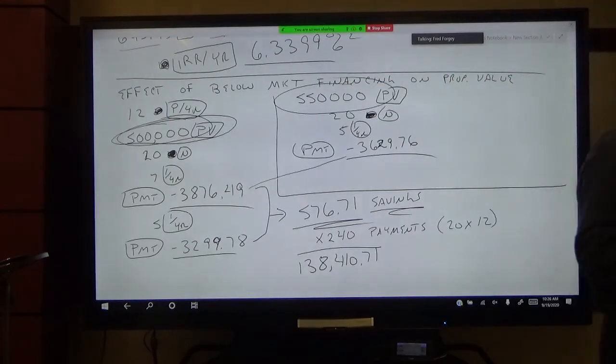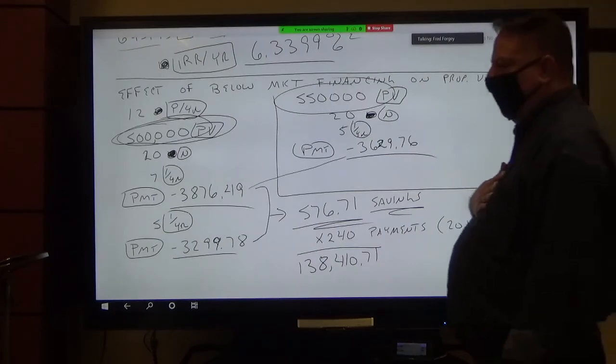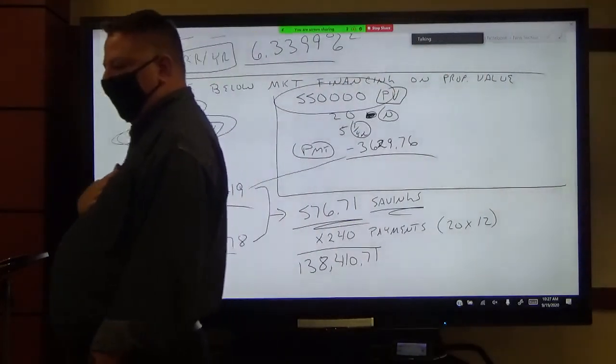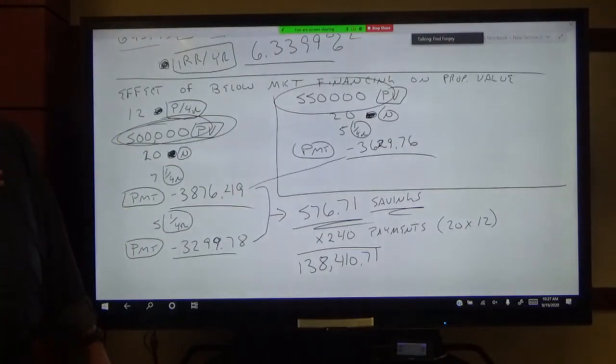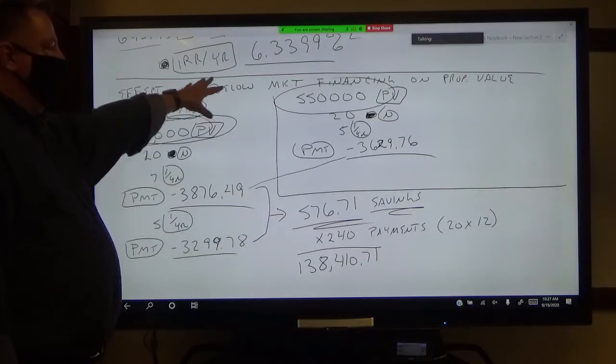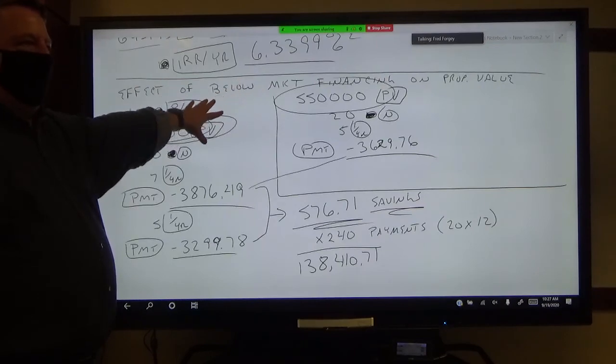Now, having just said everything I just said, did anybody do anything wrong? Okay, that's where it also begins to be a little questionable, okay? Because the intent on the part of the developer, in this case, was to potentially manipulate the value upward.